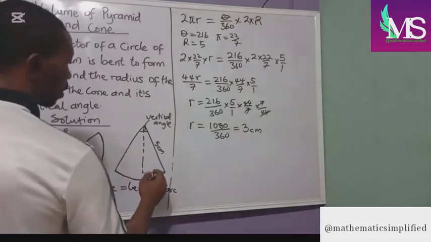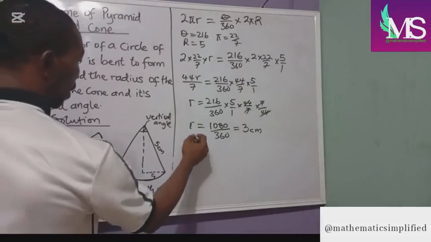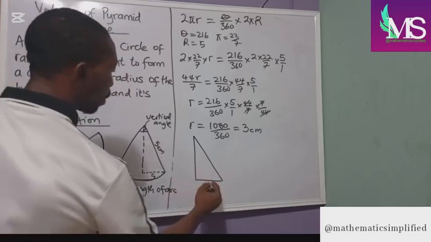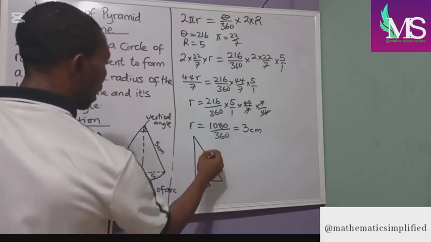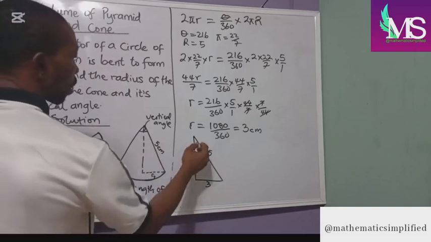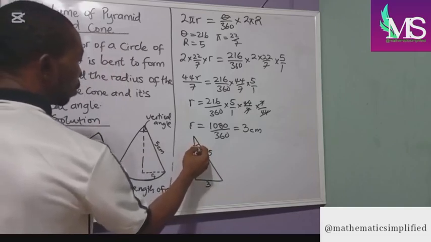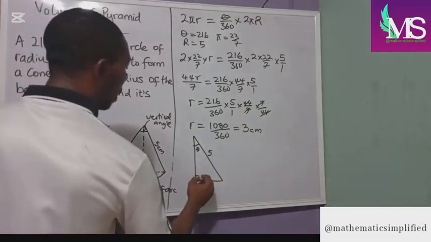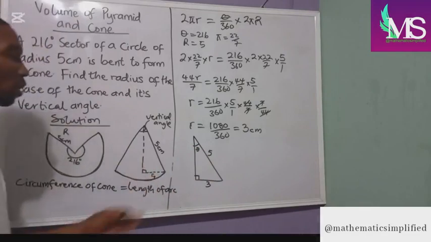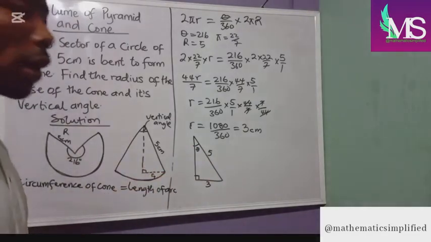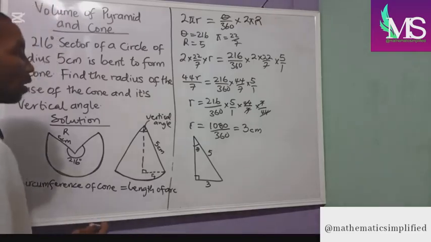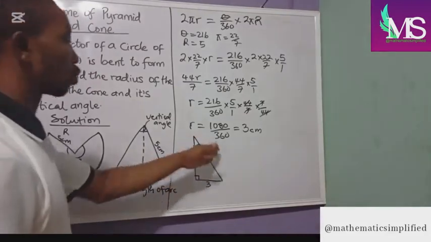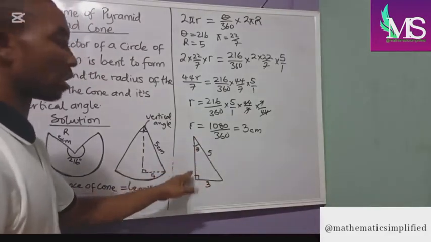Now, if our radius is 3 cm, I'm bringing out this. So our radius here is 3 cm and our slant height is 5. They say we should calculate this angle. Let's call this angle theta. Knowing that this is 90 degrees, this forms a right angled triangle. Using Pythagoras theorem, we know that hypotenuse squared is equal to opposite squared plus adjacent squared.